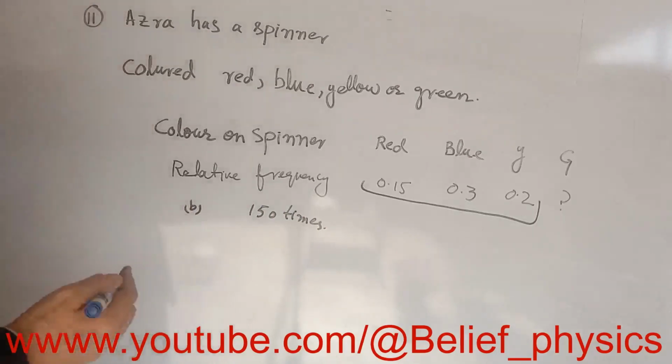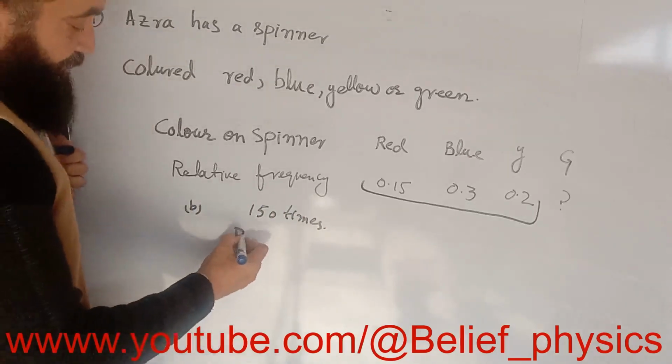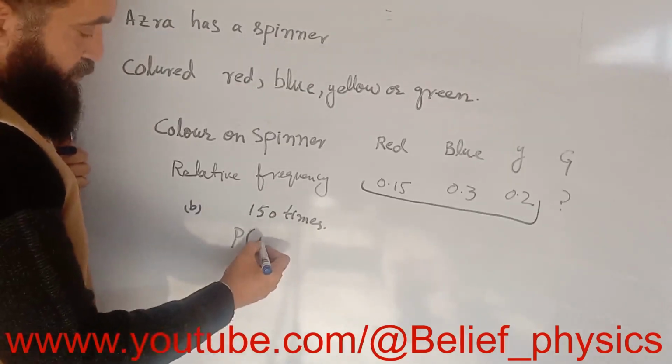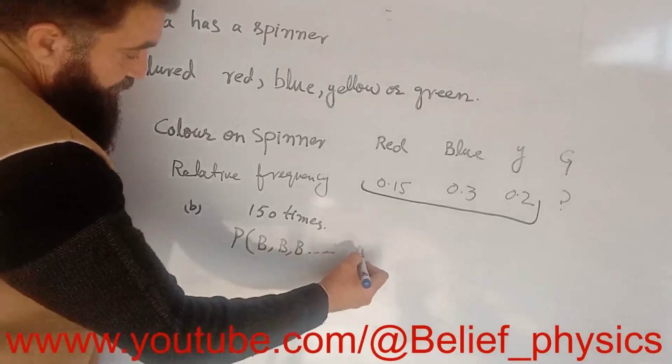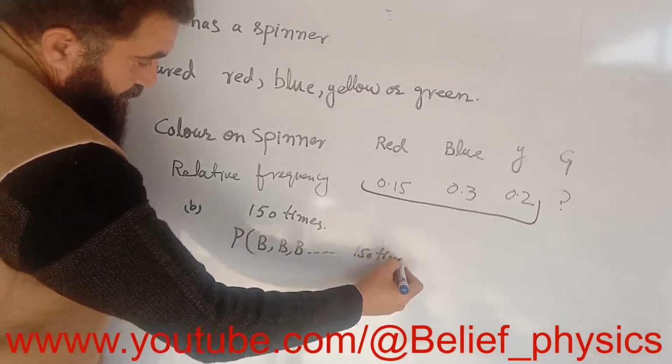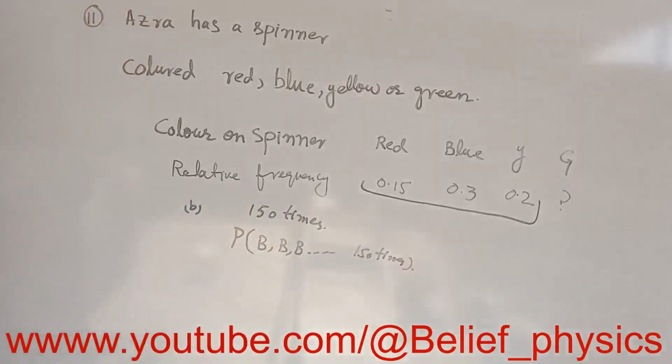It is the probability of blue, up to 150 times. It is blue and blue and blue and blue. When it is 'and', you multiply them.